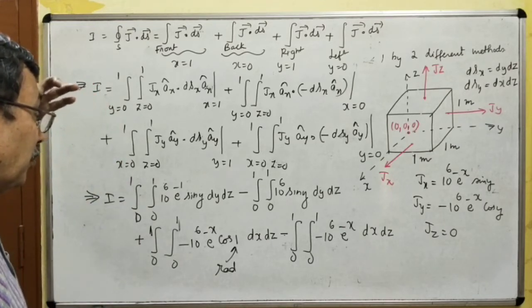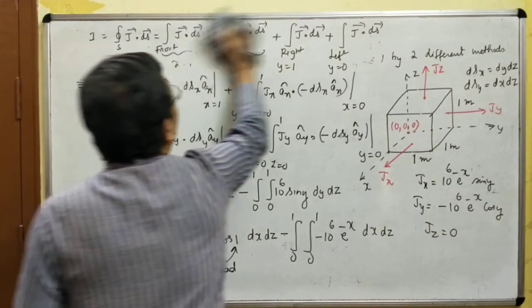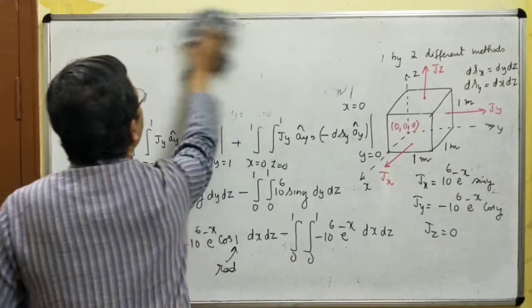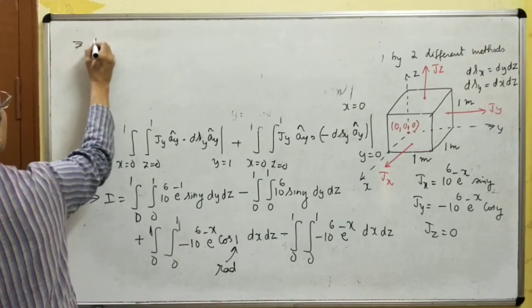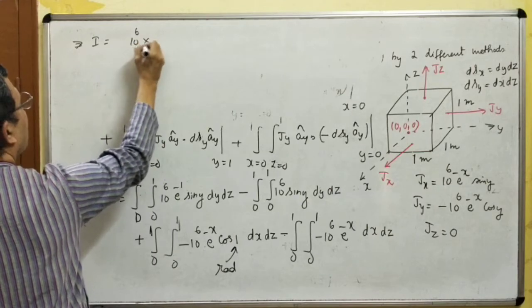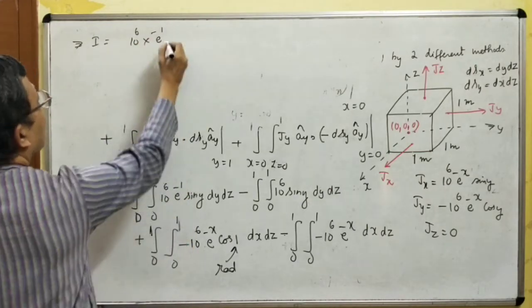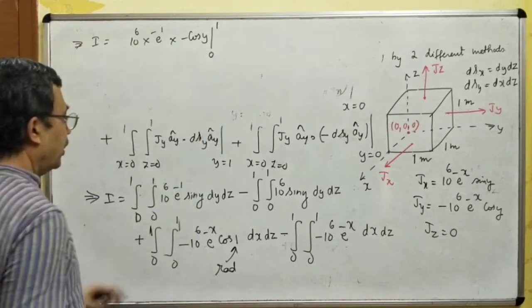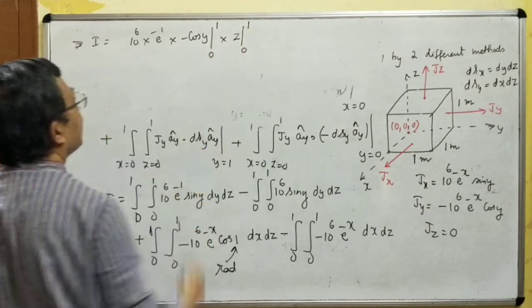It's not difficult. Please note that when you evaluate this, let me go further. This implies I is equal to 10 to the power 6 into e to the power minus 1. Sin y, if you integrate, you get minus cos y, limits from 0 to 1. dz, if you integrate, you get z between 0 and 1.